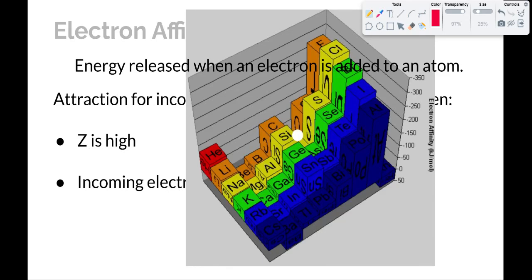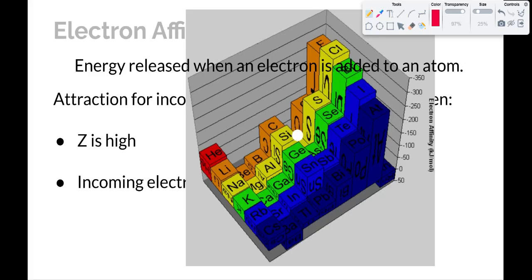If you look at another three-dimensional chart of this, you can see that up in the upper right-hand corner where fluorine and chlorine are, the electron affinities are very high. Then as you go back towards the left and towards the bottom of the table, down towards rubidium, cesium, strontium and barium, those are very low electron affinities.